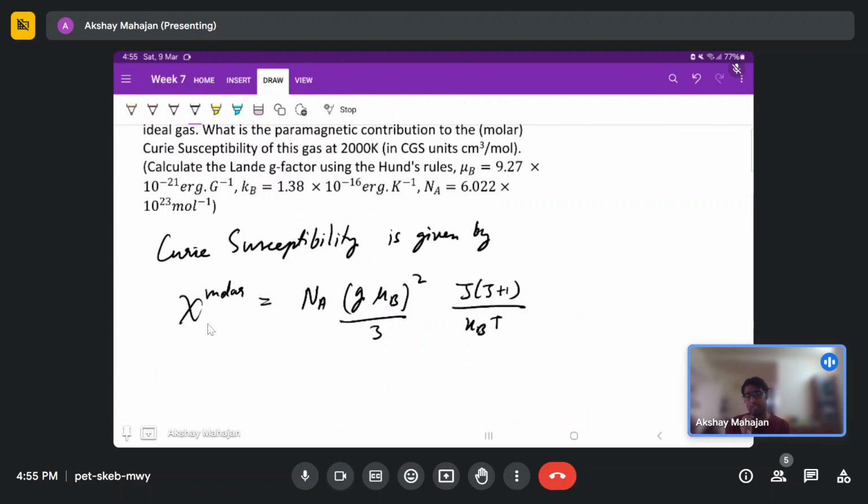So just go to the lecture, this is the common formula that has been derived. And I guess there is one problem where we will again derive this formula. Maybe.